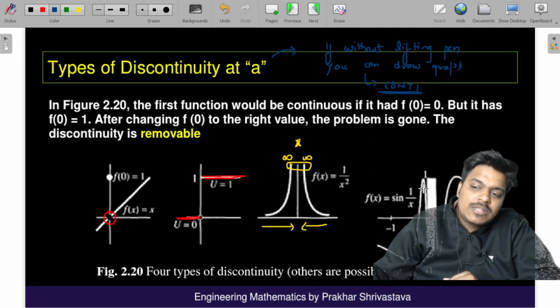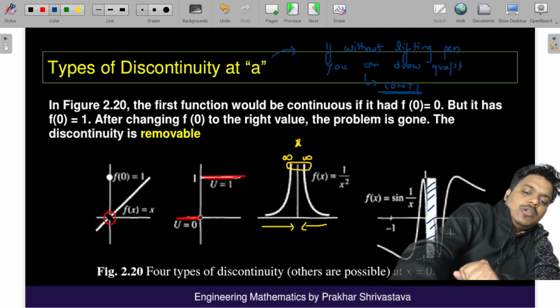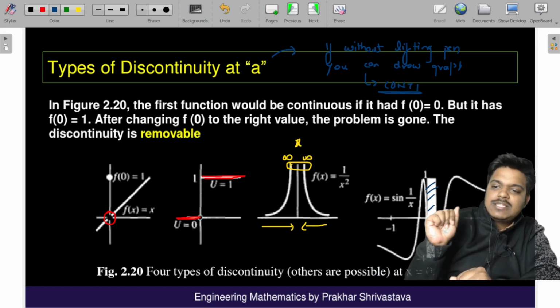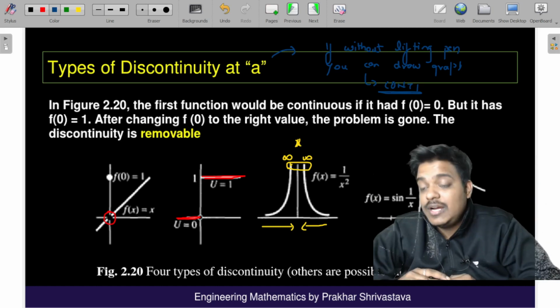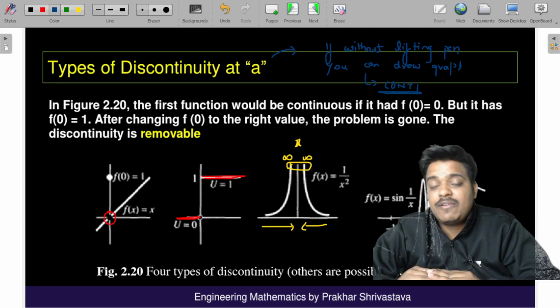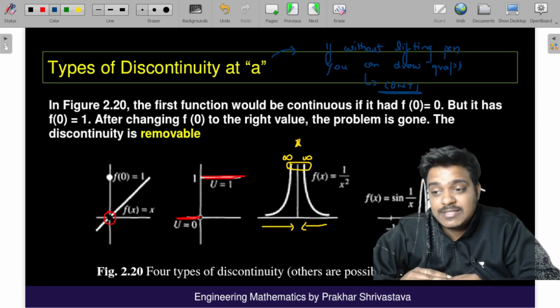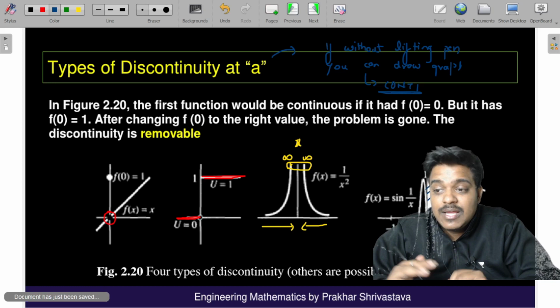And in the fourth case we are seeing a patch, this white color patch just behind me. I hope it is visible to you. In this patch you can see the function is not defined. For example, if f of x is sine 1 by x, then there will be a discontinuity.